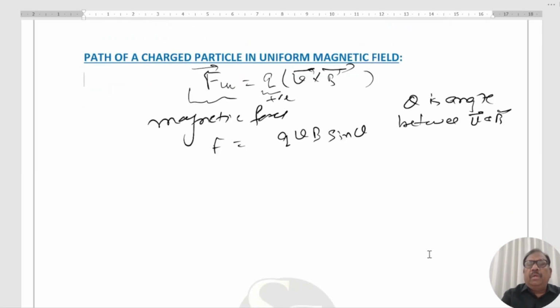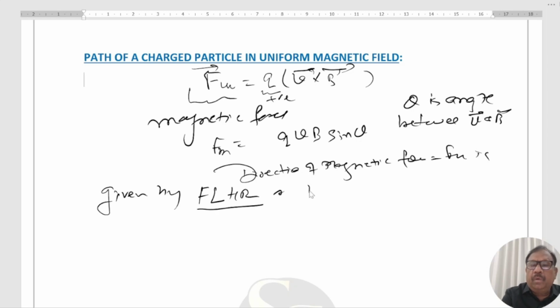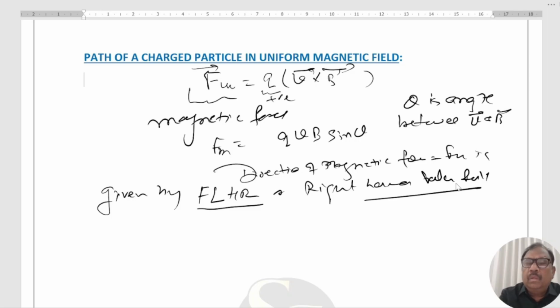The direction of the magnetic force Fm is given by Fleming's left hand rule or the right hand palm rule.